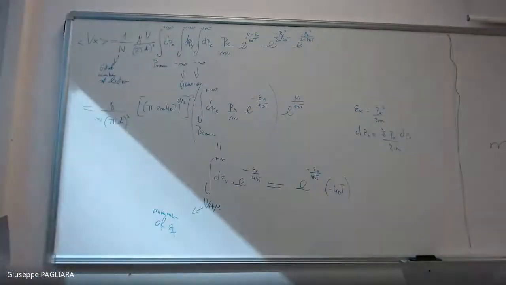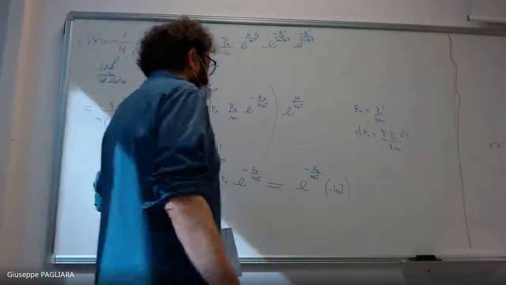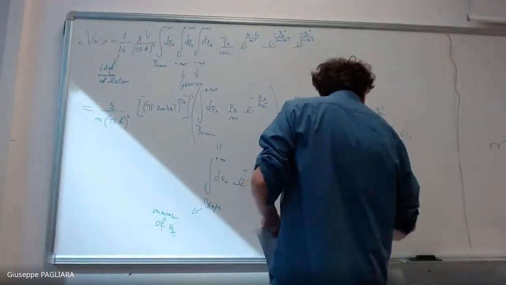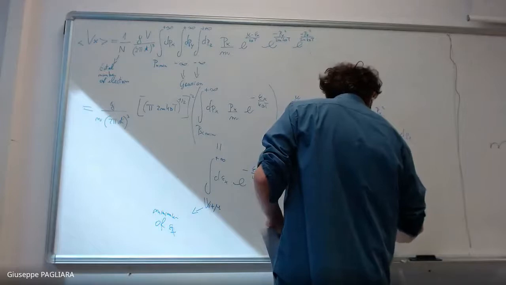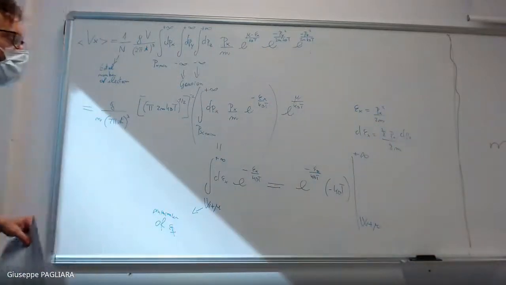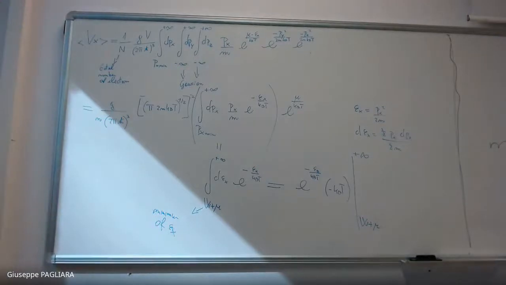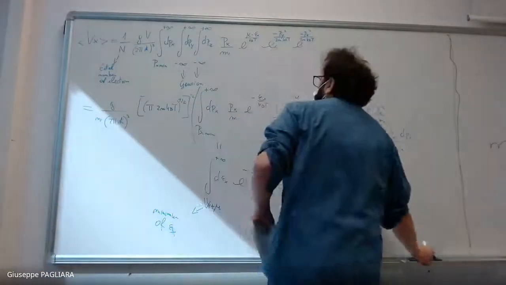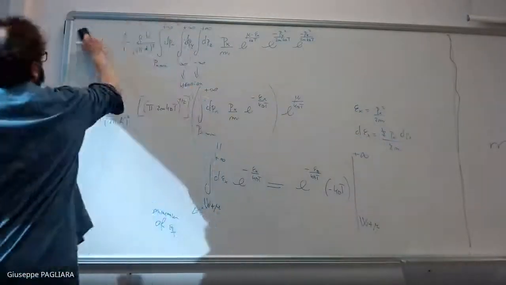And this must be computed from w plus mu, sorry, to plus infinity. Plus infinity goes to 0, and at w plus mu it becomes the exponential of w plus mu.